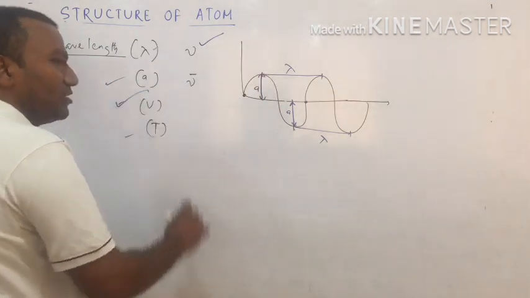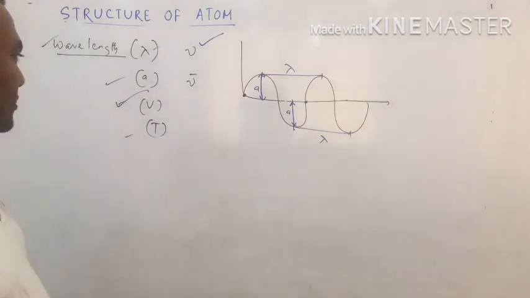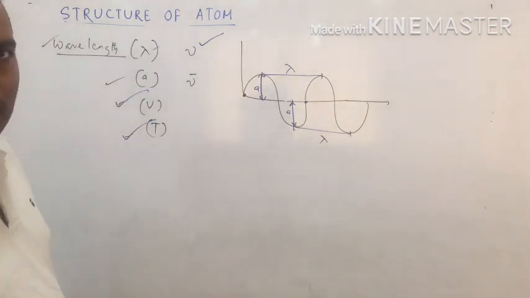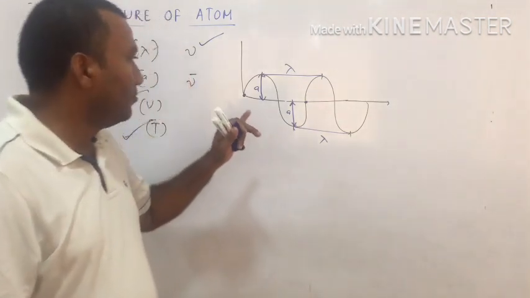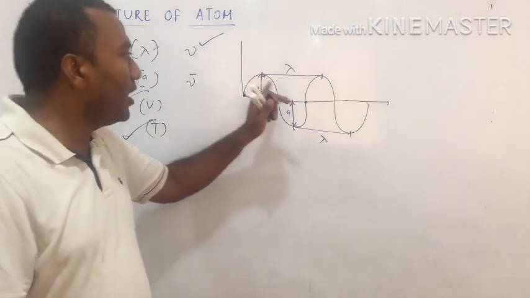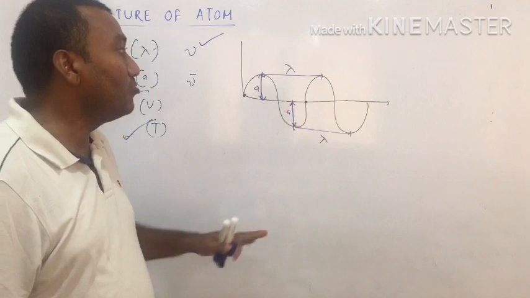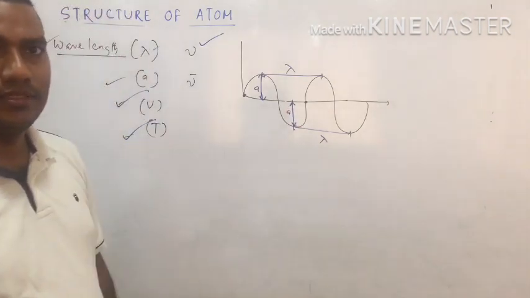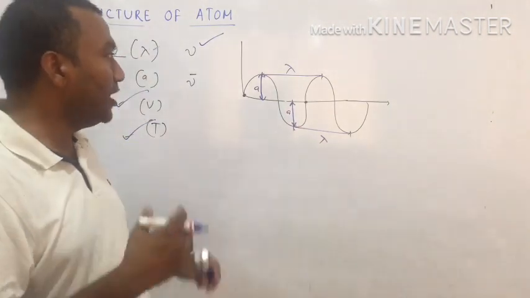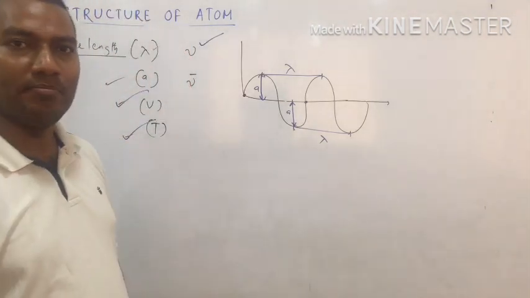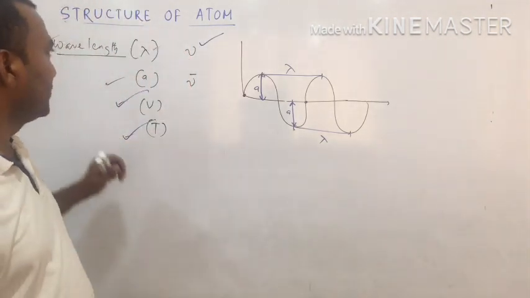Then what is V? Velocity is displacement with respect to time. Then what is time period? Time period is the time required to complete one wave. Understood?